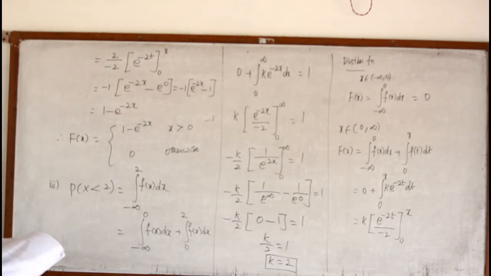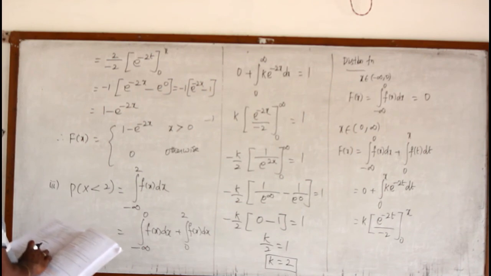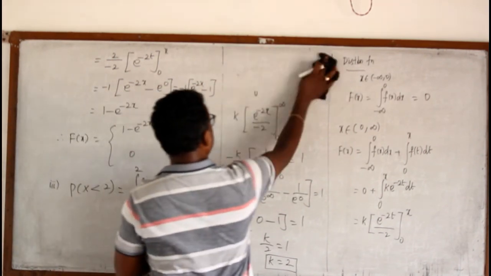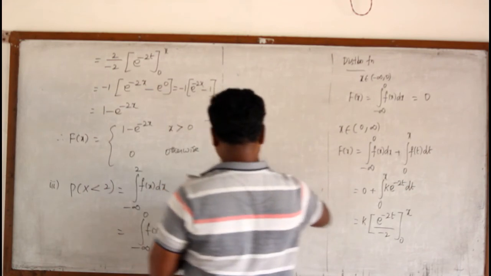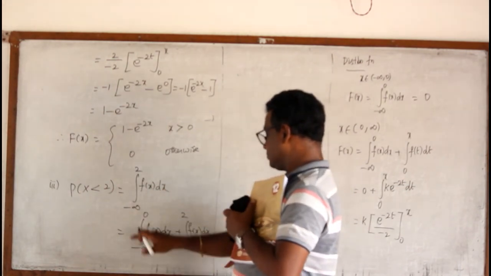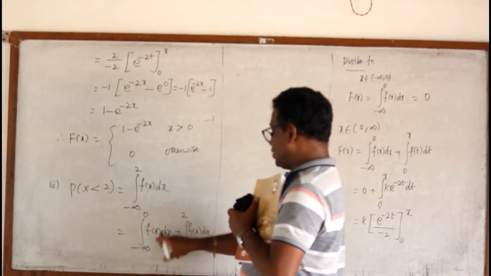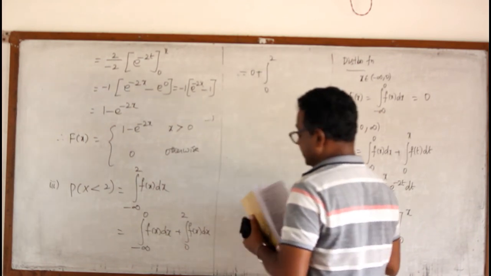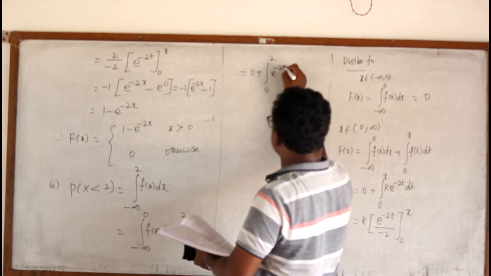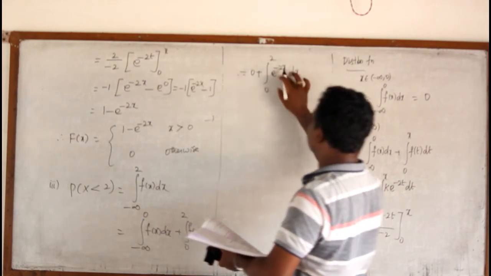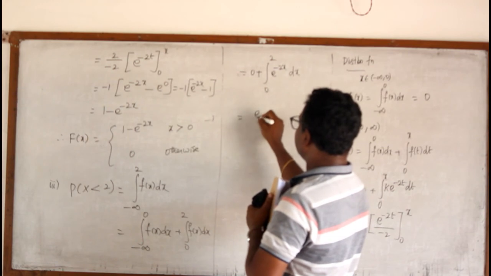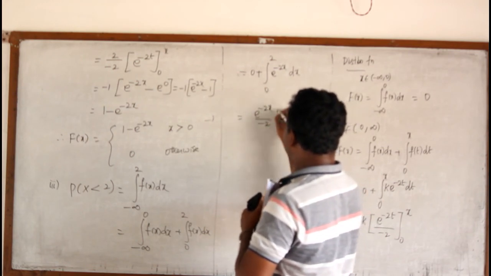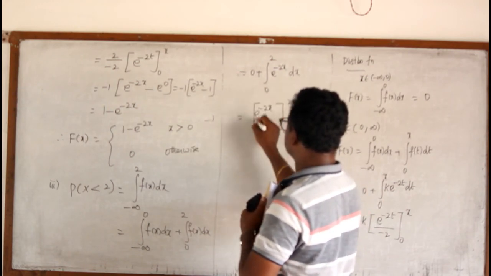The book has done it in another method, but we shall do it by this method. The function exists only from 0 to 2, so I can leave the first part as 0 plus the integral from 0 to 2. The function value is k e power minus 2x dx, because from 0 to infinity this is the value. When you integrate, e power minus 2x by minus 2, the limits are 0 to 2.